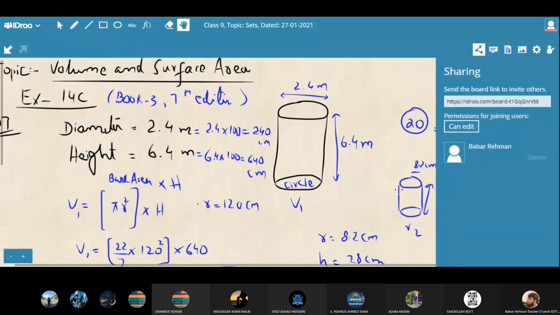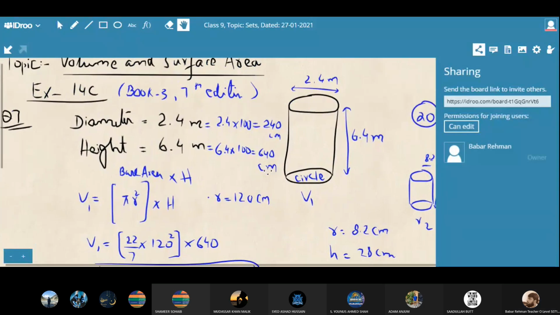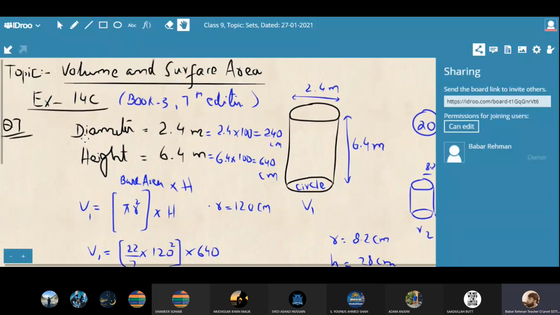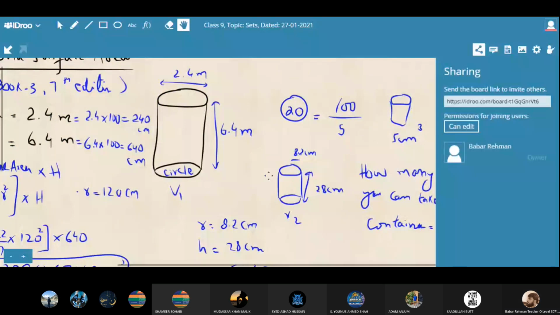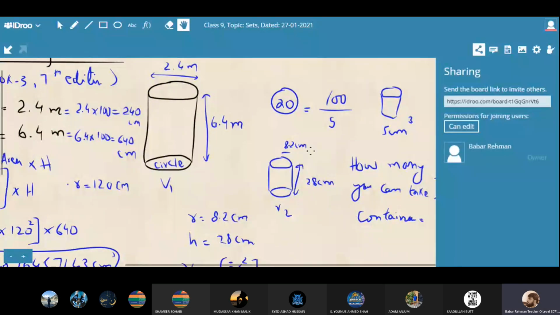You have to find out how many of these cylinders you can fill with the big container. This is the data for the first big cylinder: diameter 2.4 meter and height 6.4 meter. And the small cylinder has radius 8.2 centimeter and height 28.